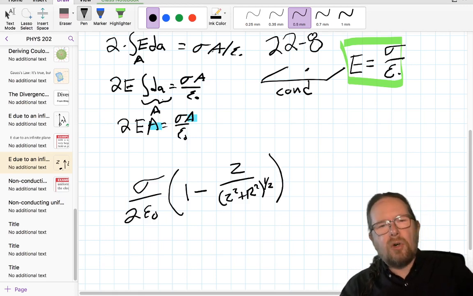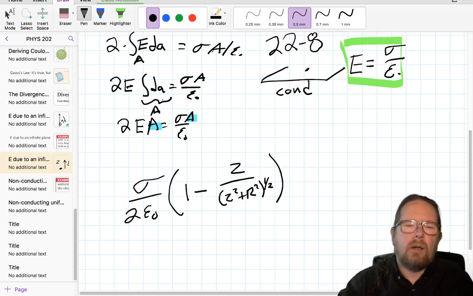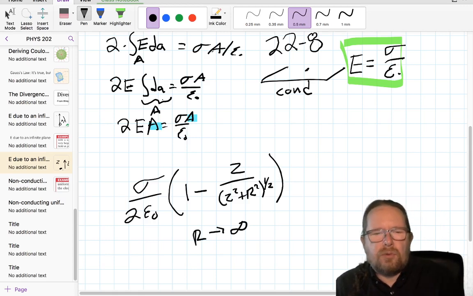And see if you can show that in the limit where r goes to infinity, this reduces to the answer we just got.